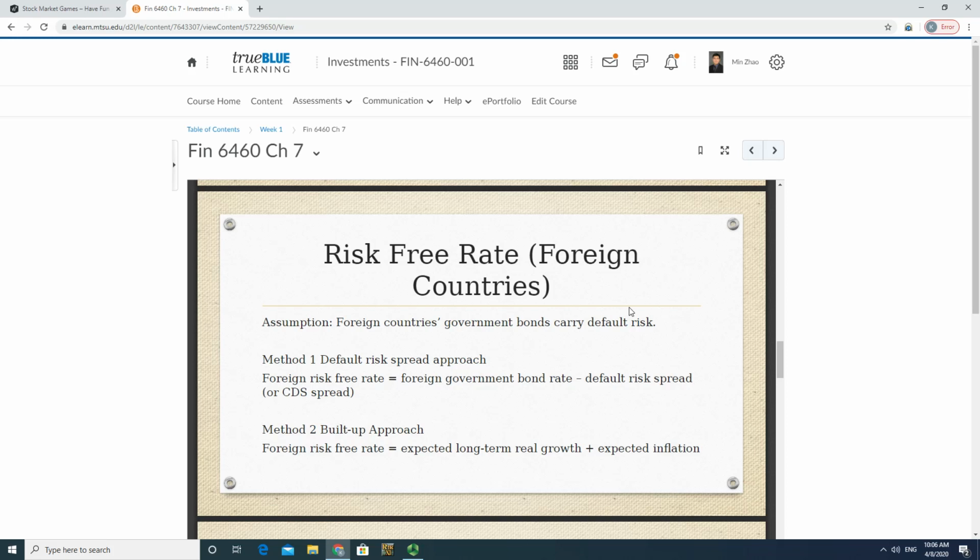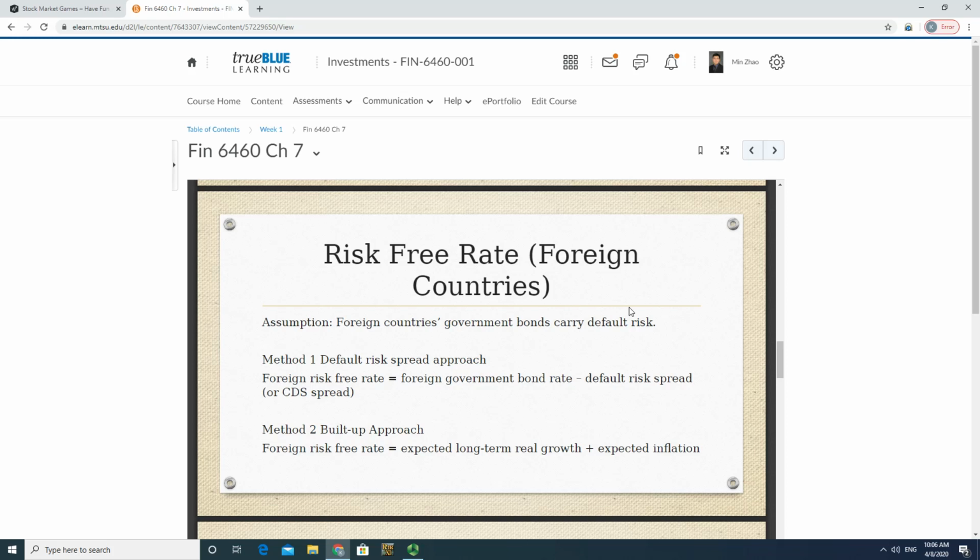Well, the difference between the risk-free rate in the US and the risk-free rate in a foreign country is, first of all, the default risk, because foreign country government bonds carry default risk. And here we have two major methods to estimate the foreign country risk-free rate.